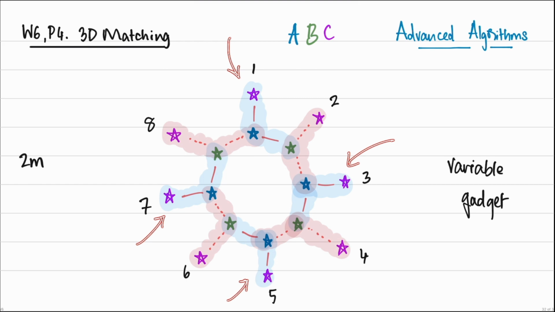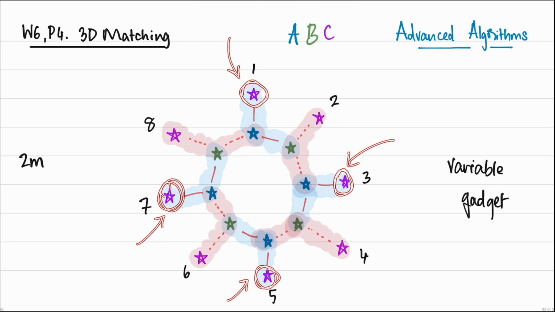Once we pick the triple that involves the spoke labeled 1, then we cannot cover the spoke that's labeled 2. We'll have to move on to 3, 5, and 7, or we could do the other way around. We could go 2, 4, 6, 8, but we cannot do both because of the overlaps at the center of this circle.